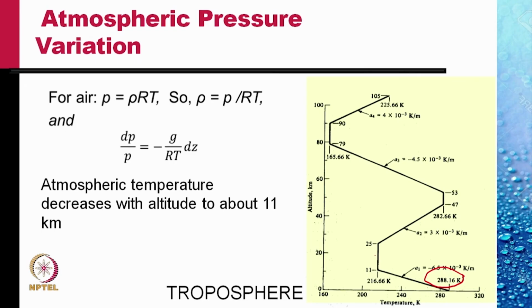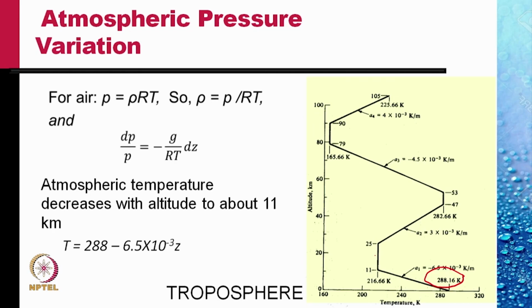Compare the height 11 kilometers with the height of Mount Everest, which is only about 8 kilometers. So troposphere is present up to the height of Everest and beyond, and a couple of kilometers beyond that. Most flights take place in the troposphere.